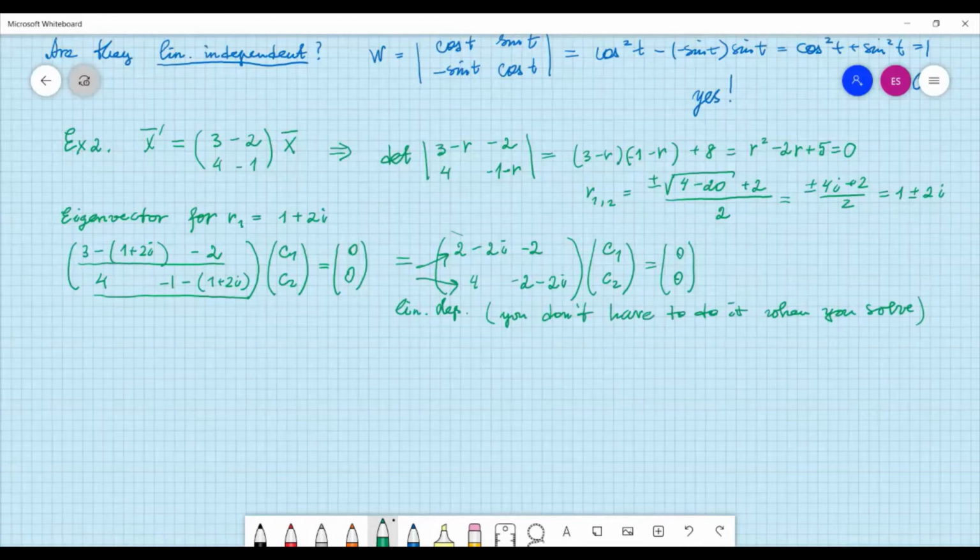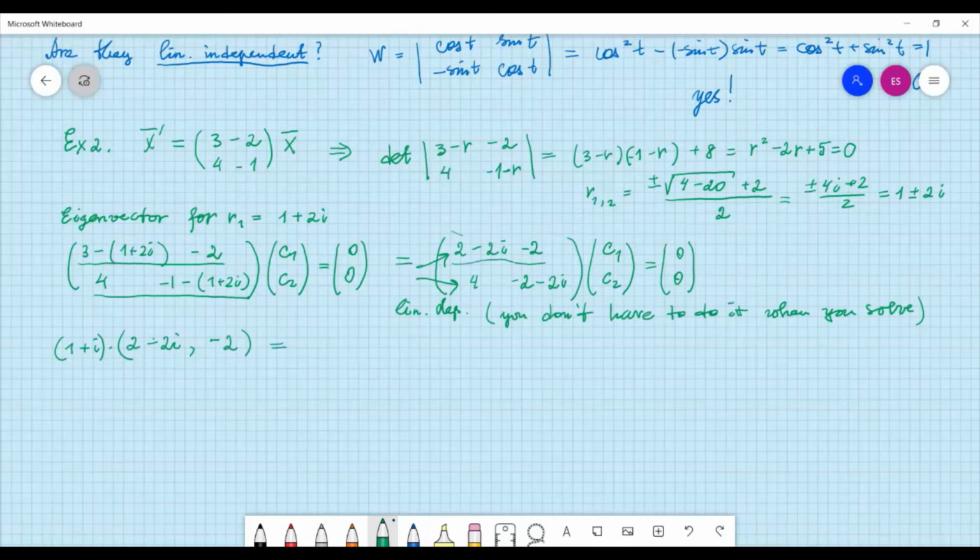You multiply this by a number and you get this one. Just the number is not going to be that simple. I'm going to take row number 1, which is 2 minus 2i, and my second is 2, and multiply it by 1 plus i. That's a number, but not a simple number. It's a complex number, right?